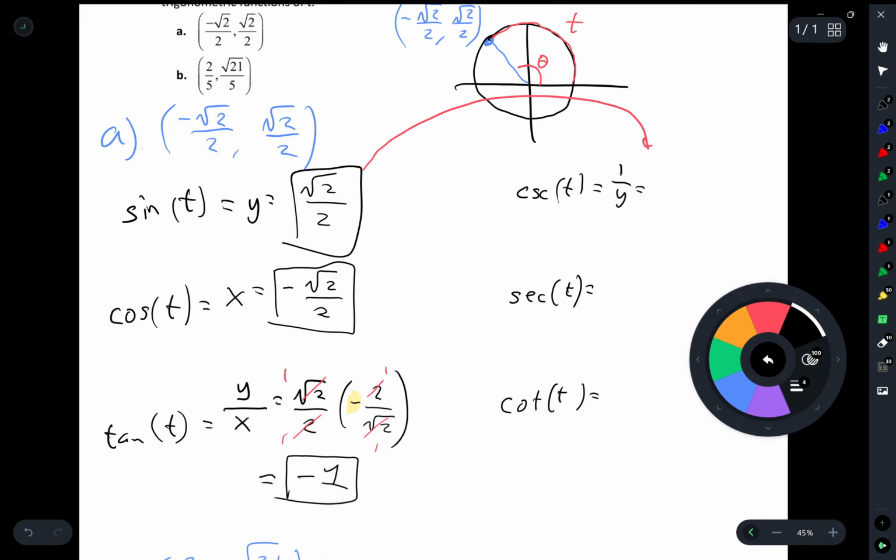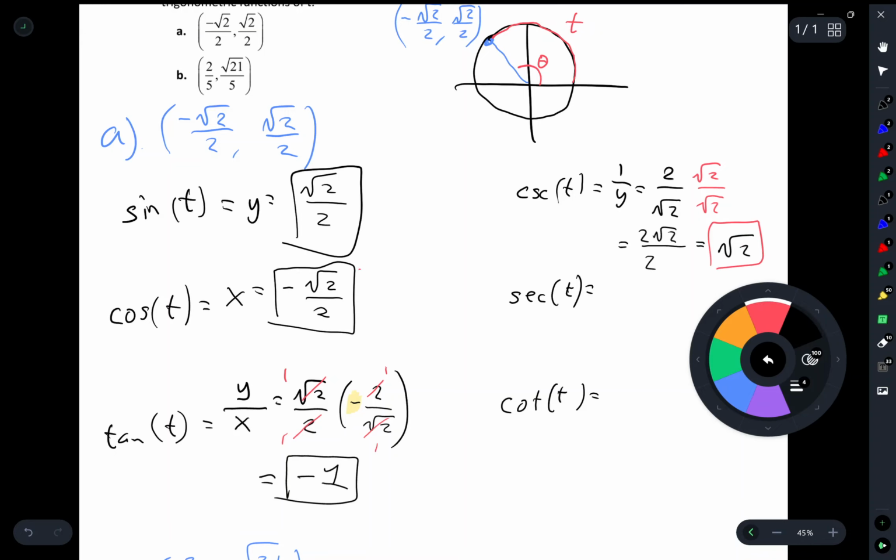So when we do this, we flip it. That is something you're going to have to memorize, the relationship between sine of t and cosecant of t. We have to multiply both top and bottom by root 2. And that gets us 2 root 2 over 2, which of course simplifies just to the square root of 2.